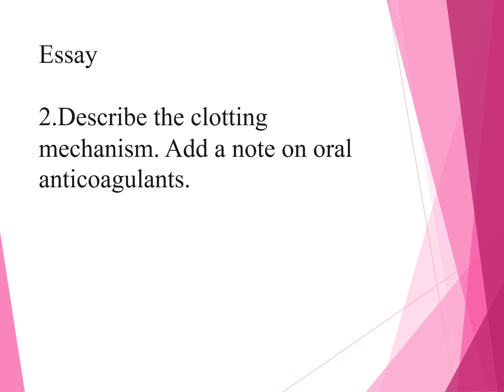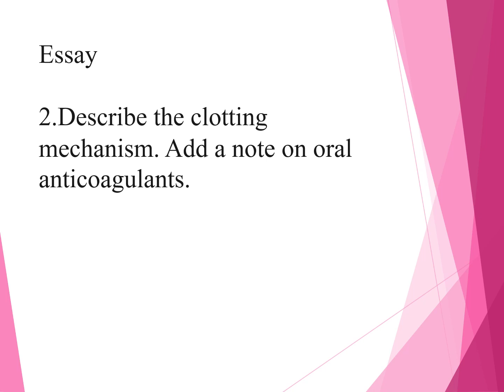Here we have to write the stages. Number one stage: formation of prothrombin activator. In that we have to explain a little bit, that is, the intrinsic pathway and extrinsic pathway. We have to explain in detail, and we have to draw the flow chart. Okay, we know that one.